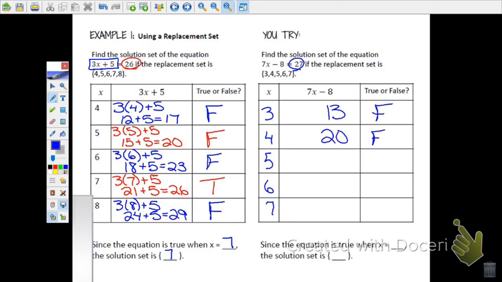What about 5? 5, I get 27, which is true. What about 6? 34. And for 7? 41. So the equation is true when x is equal to 5. So my solution set is 5. Okay? Just one solution that makes that equation true.